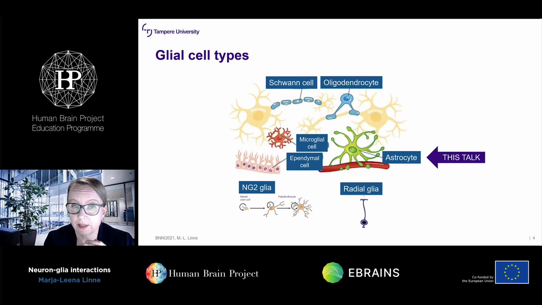There are microglial cells that are like immune cells in the brain, ependymal cells that control the cerebrospinal fluid, and NG2 glia that can interestingly become either oligodendrocytes or astrocytes, depending on the brain area. Then there are radial glia that support the development of neurons. And then there are astrocytes that I will concentrate on more later in this talk.